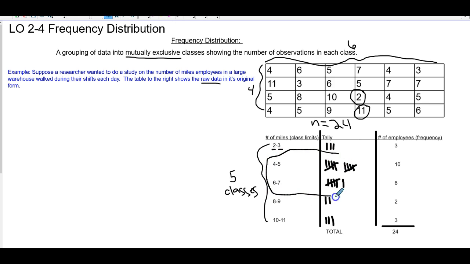So in the next video, I'm going to show you how to actually construct this frequency distribution and some of the simple calculations that are needed to make that happen.